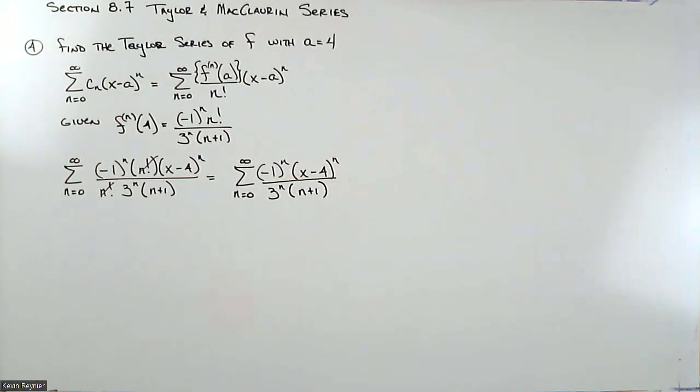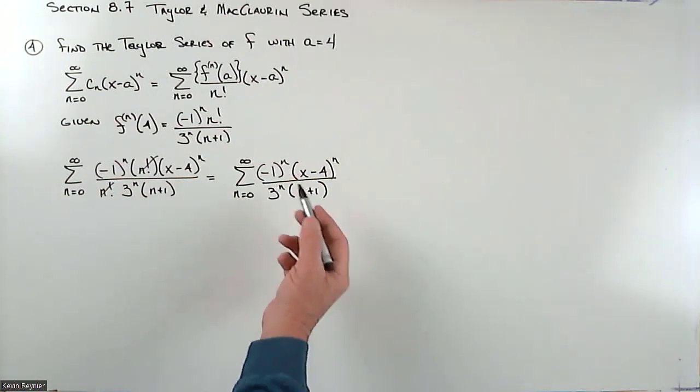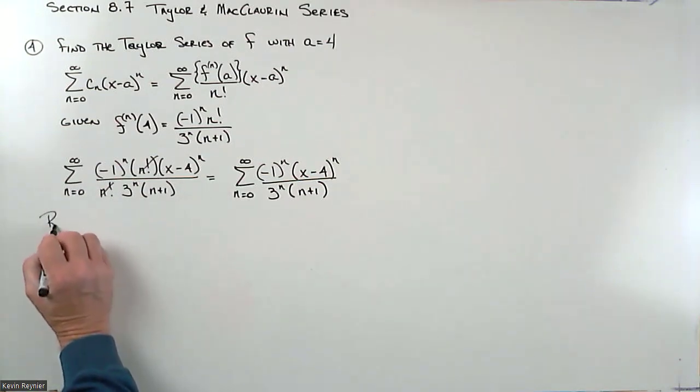And then it says, what is the radius of convergence for this series? We're going to have to do a ratio test here.